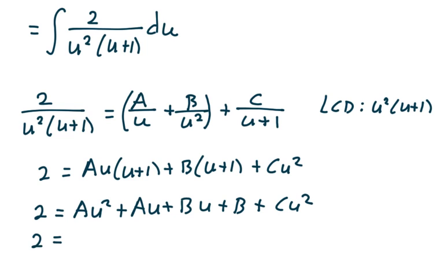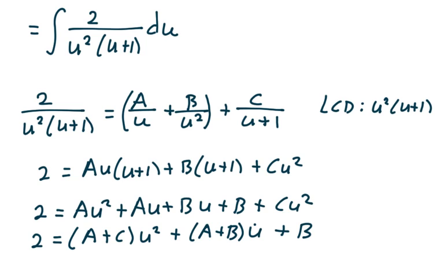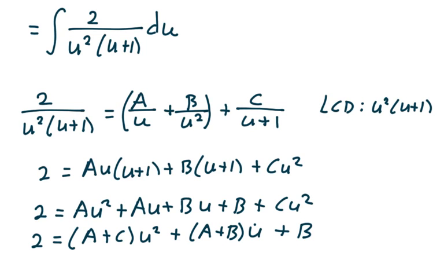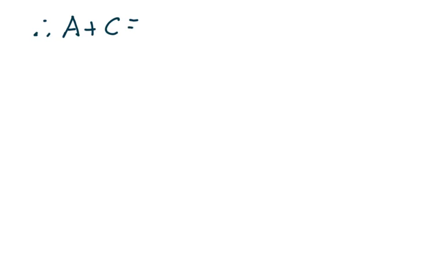And so 2 is a plus c times u squared plus a plus b times u plus b. Now, what this says is a plus c is forced to be 0, and same with a plus b.